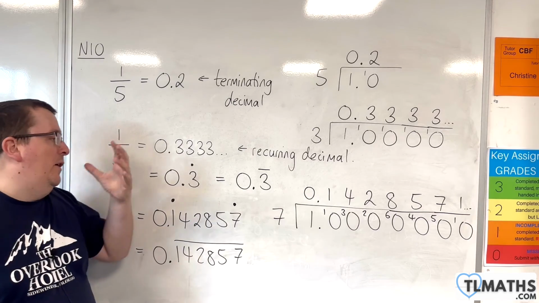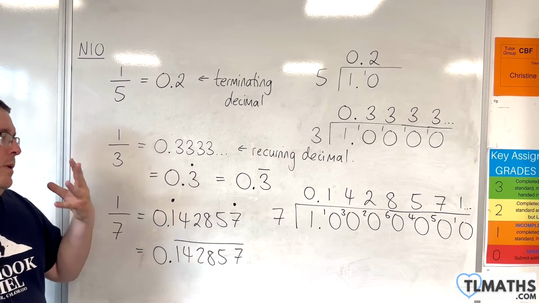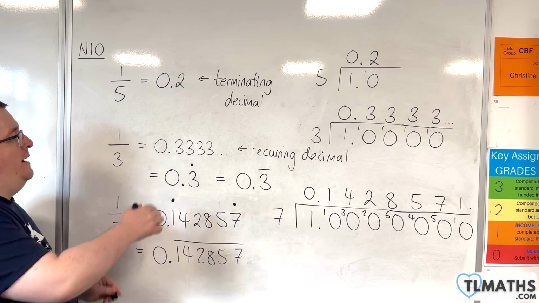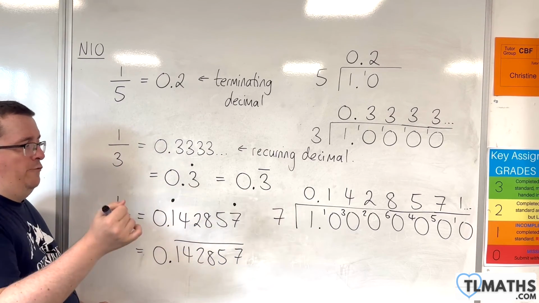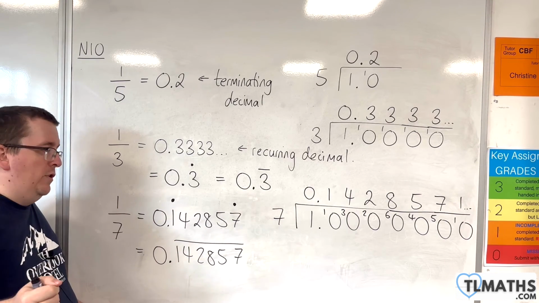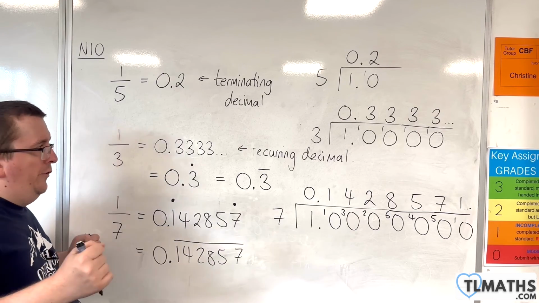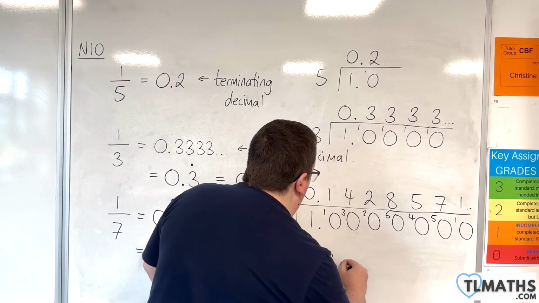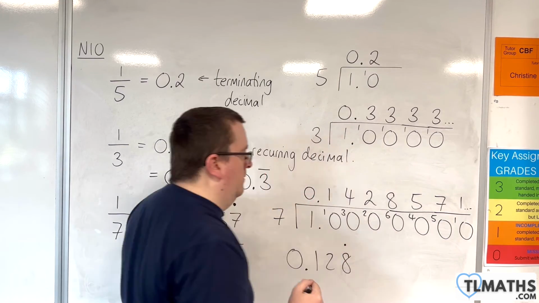So this is how we can identify recurring decimals and what we mean by recurring decimals. They come in different forms. They don't have to be the same value just repeated over again. So it doesn't have to be 0.9 recurring or 0.8 recurring. We could also have 0.128 recurring.